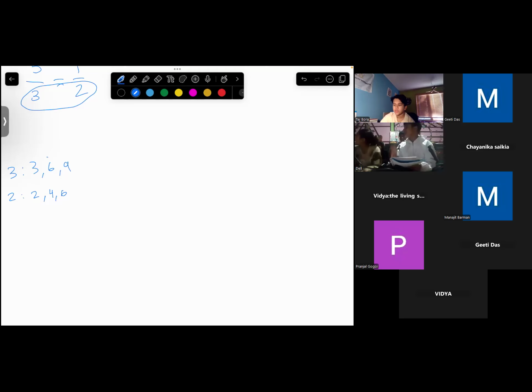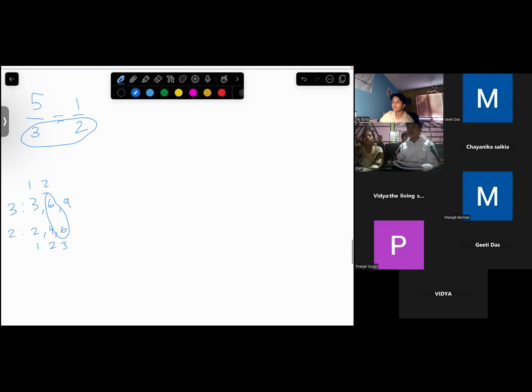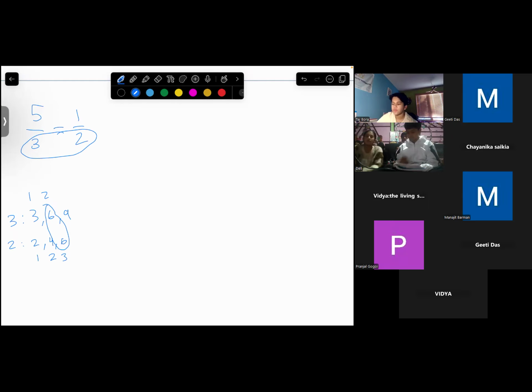And then we see that this is the common denominator, or the least common multiple between 3 and 2. So then we count how many steps there are. 1 step, 2 steps, and then there is 1 step, 2 steps, 3 steps. So we multiply the 5 over 3 by 2 and the 1/2 by 3.